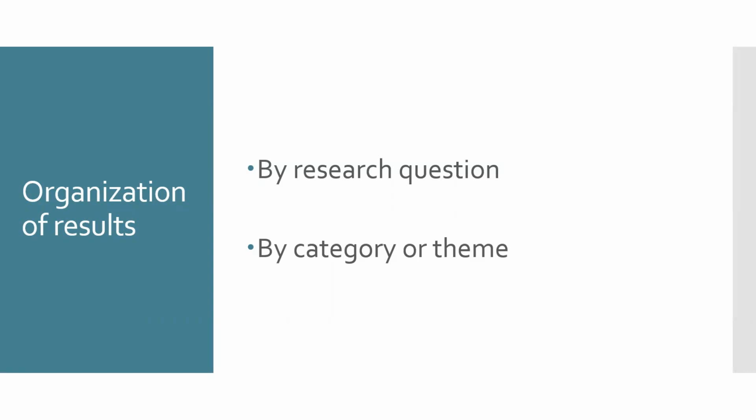If that's the case, then you can organize that way as well. Unless your school tells you specifically one way to do it, you just need to think through what makes the most sense for your own study in terms of presentation.